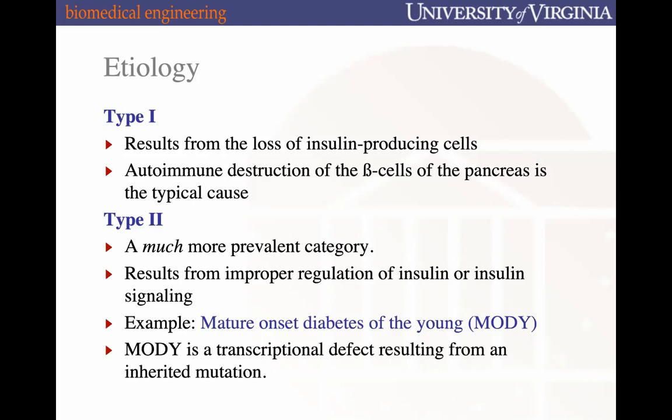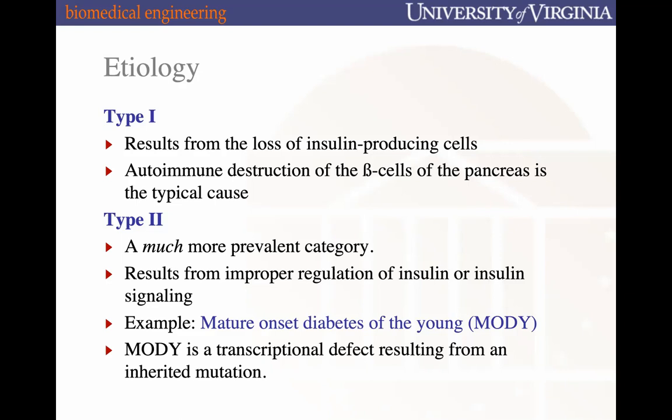Type 2 diabetes, which was typically referred to as mature onset diabetes, has a different pathogenesis and is a much more prevalent category. It branches off into two different subsets, but it can result from either improper regulation of insulin, improper insulin signaling, or resistance to insulin.